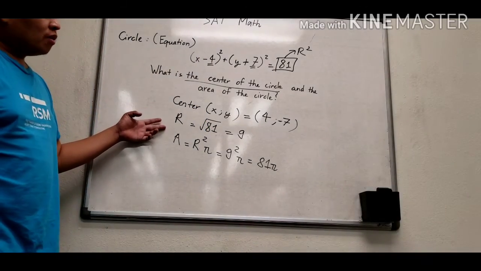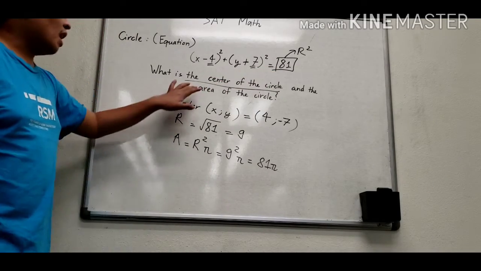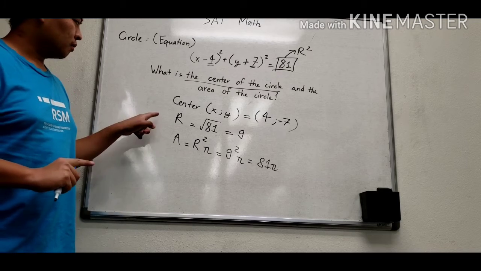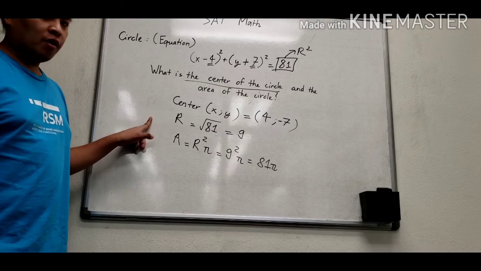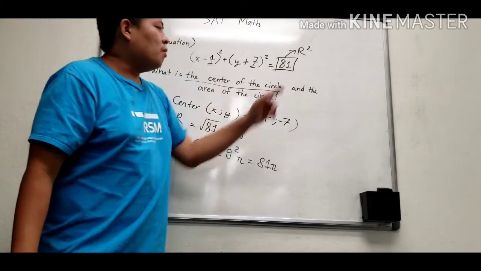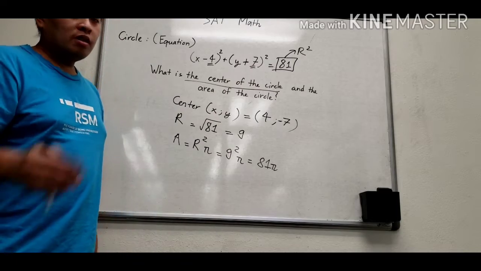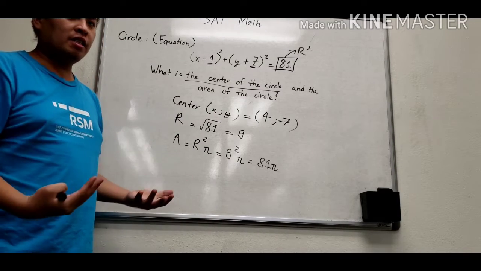Why do I need to find the R? Because we have the R power 2 here, but sometimes on the test they ask about the circumference. That's why we need to learn to find the R first. Don't concentrate on R power 2, because if you just take 81 and input it into the circumference, that's wrong and you get the wrong answer.